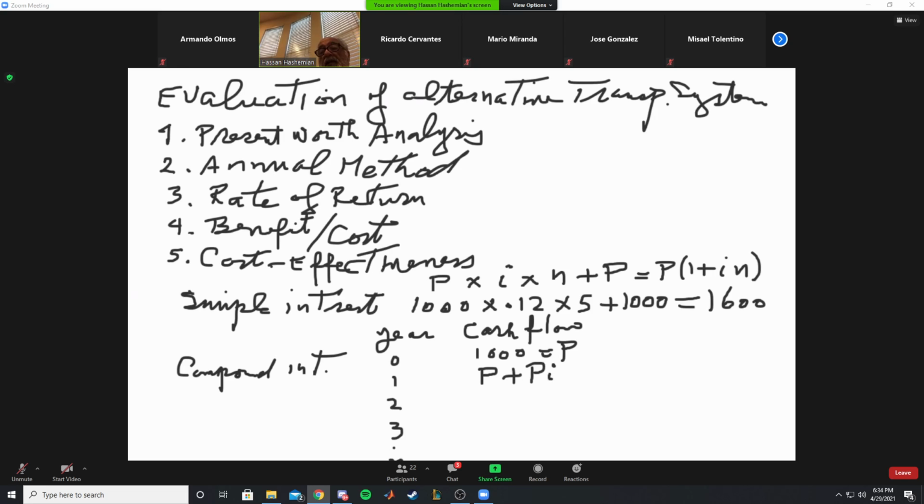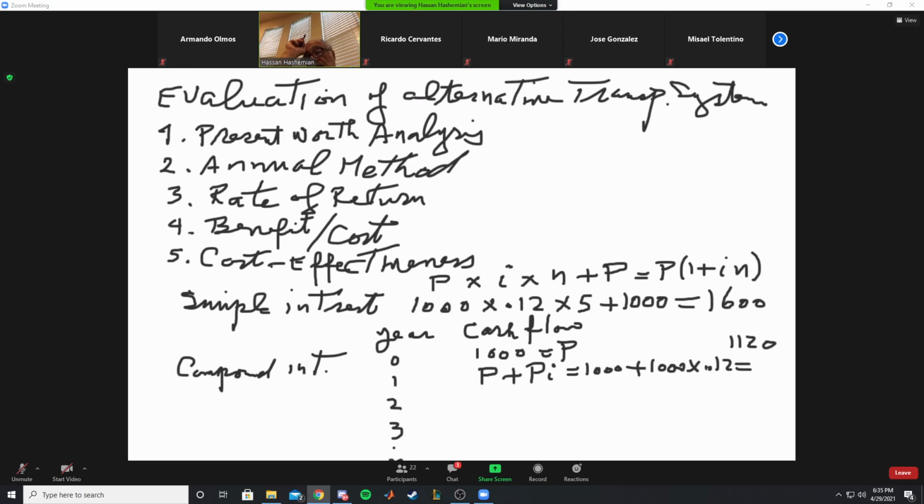Which is actually 1,000 plus 1,000 times 0.12. It will give you $1,120, correct? So after 1 year, that's how much you will have, 1,120.